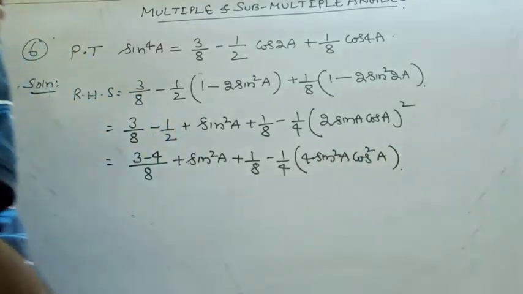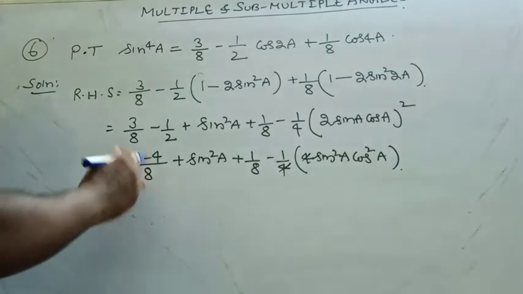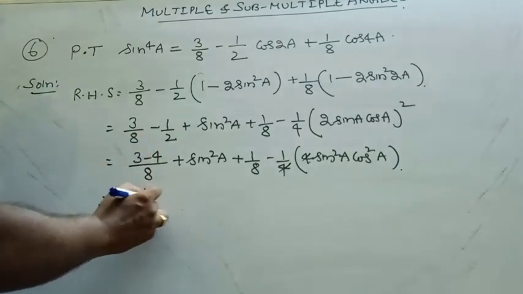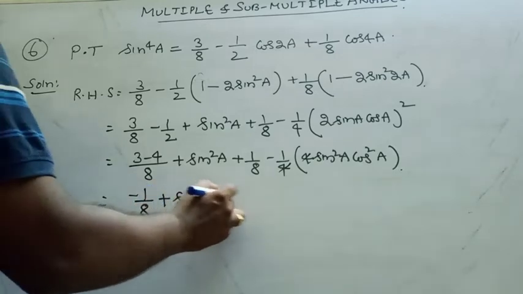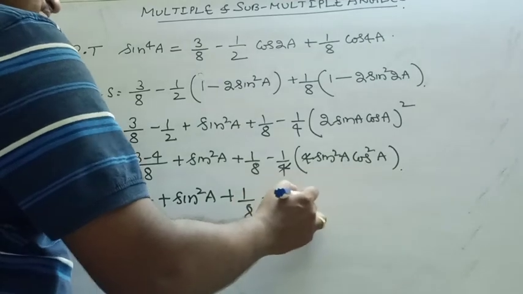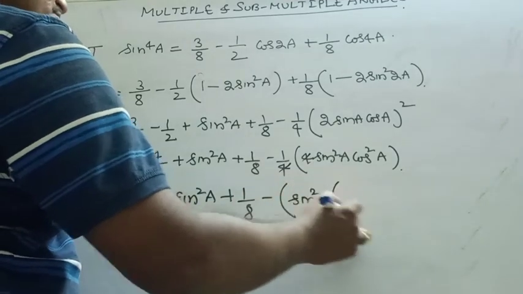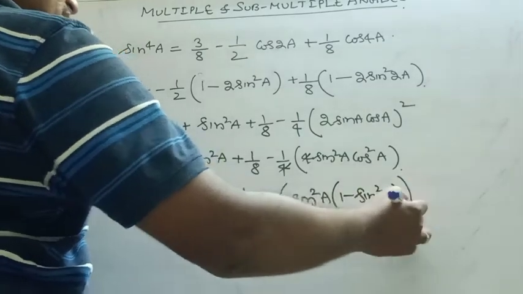Right? Fine. And this 4 and 4 will cancel, of course. Now you have here 3 minus 4 minus 1 by 8 plus sine square a plus 1 by 8 minus sine square a into cos square a. Cos square a you can write as 1 minus sin square a, like this.